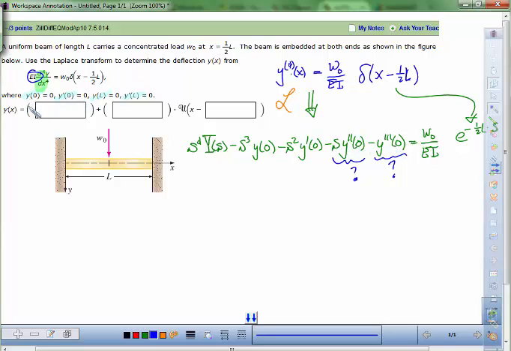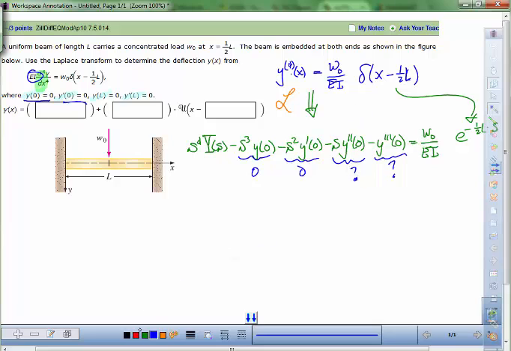We have these highlighted ones. We know that this is equal to 0 from the initial condition, and then this is also equal to 0 from the other initial condition. But then we don't have this information, and so this is where the trick comes in.